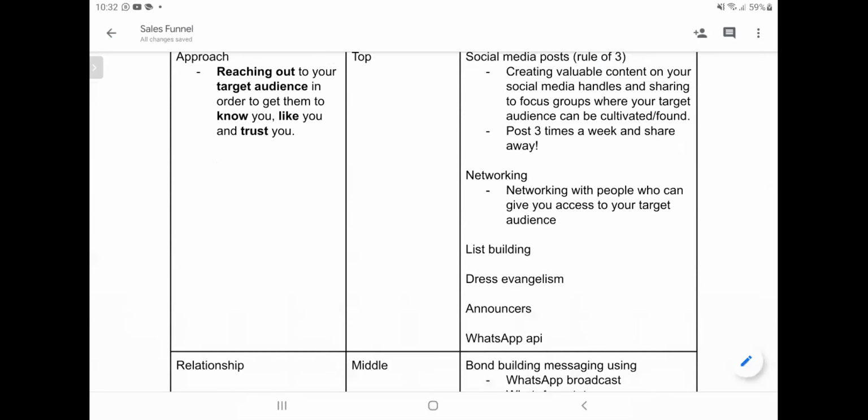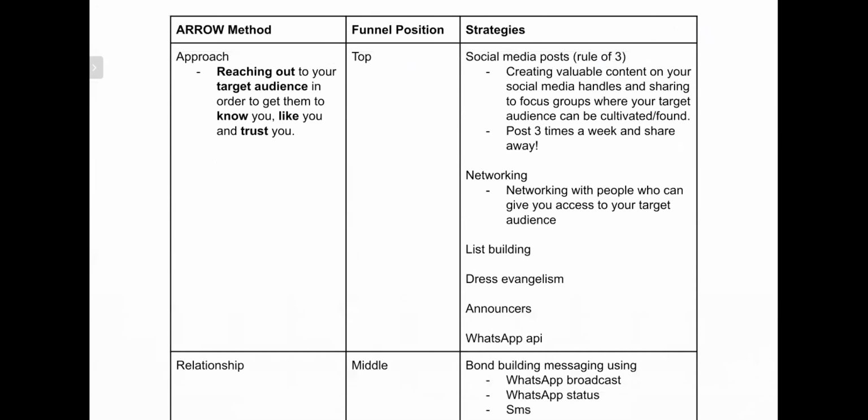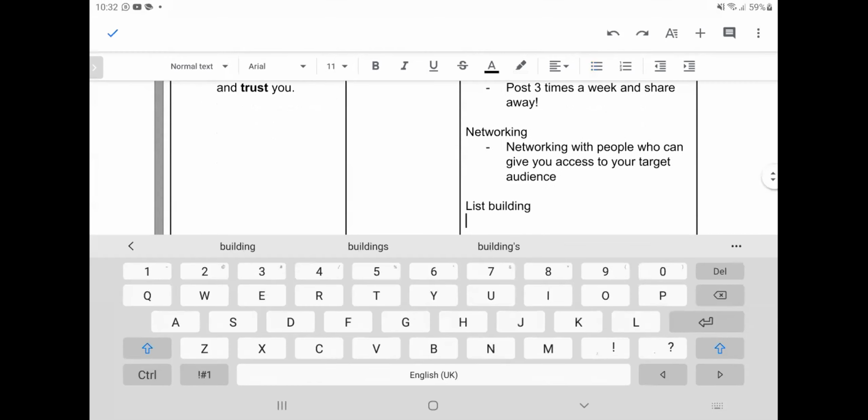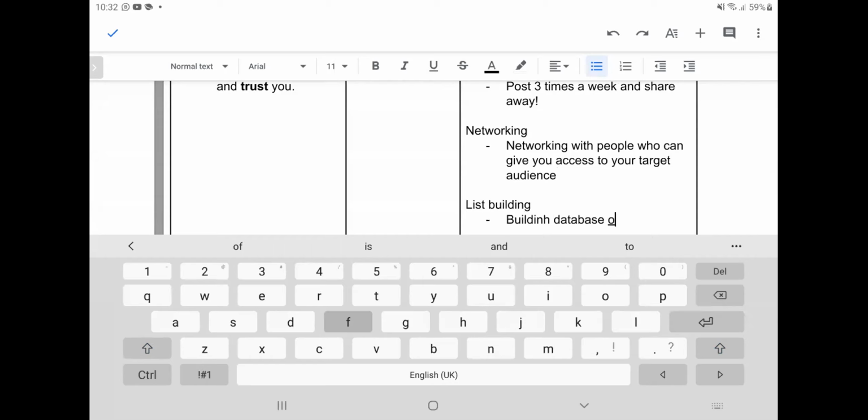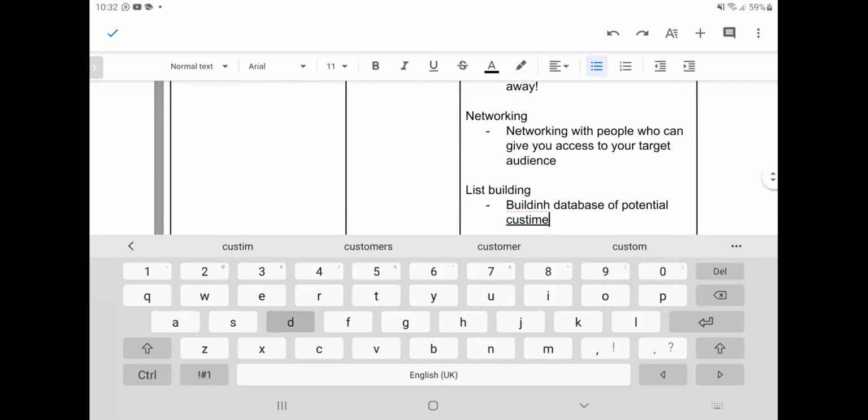Okay, then list building. List building means building a database. It means you are building a database of potential customers.